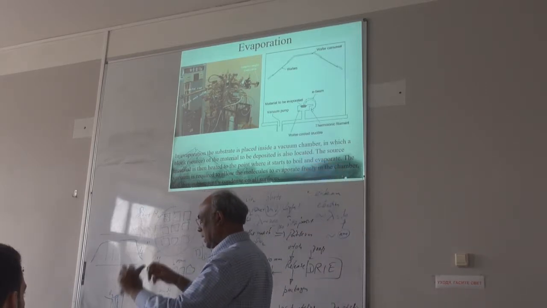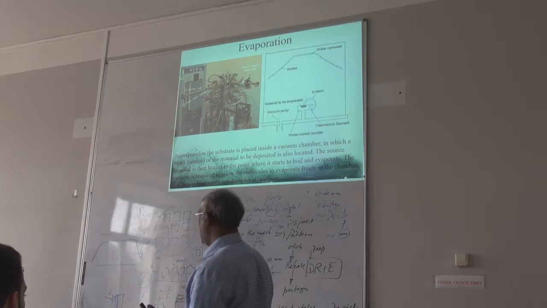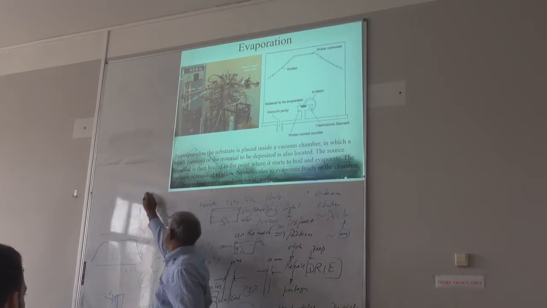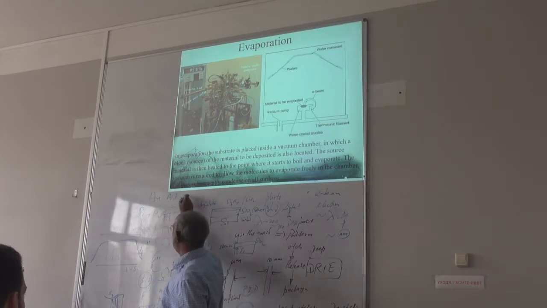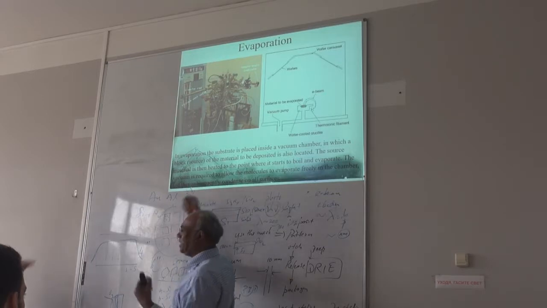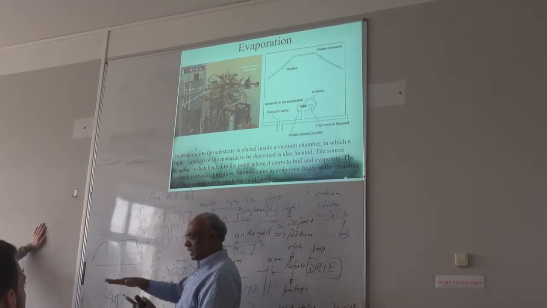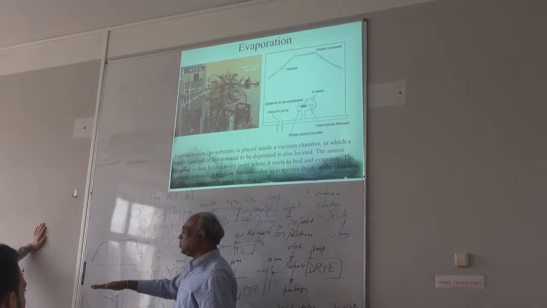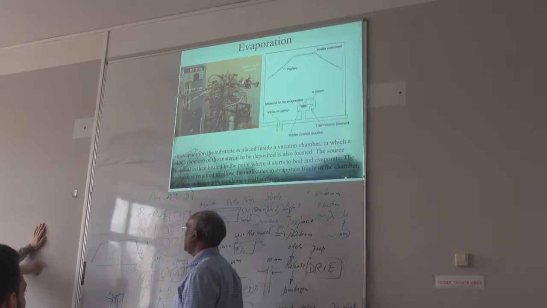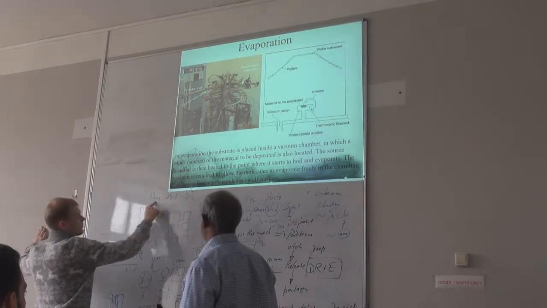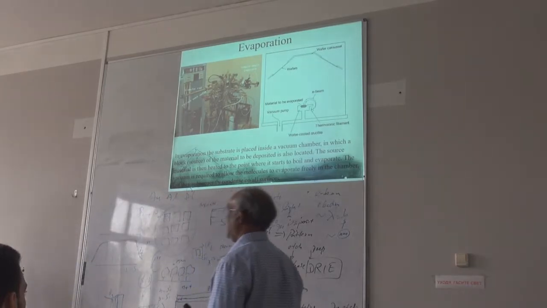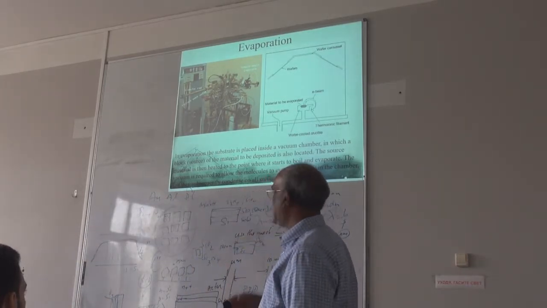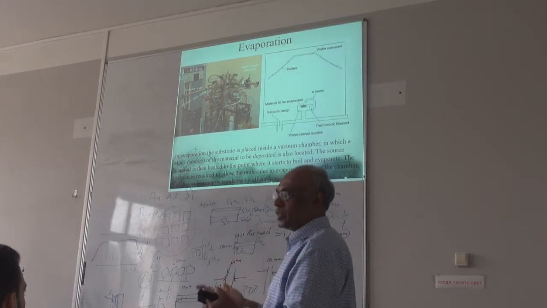If you want to make electrical connections, we use gold, sometimes aluminum, sometimes platinum, and sometimes chromium. If the gold doesn't stick, first we put a chromium layer, then the gold. Chrome and gold. So it all involves metal deposition.